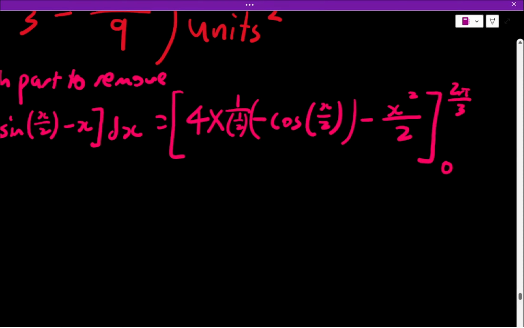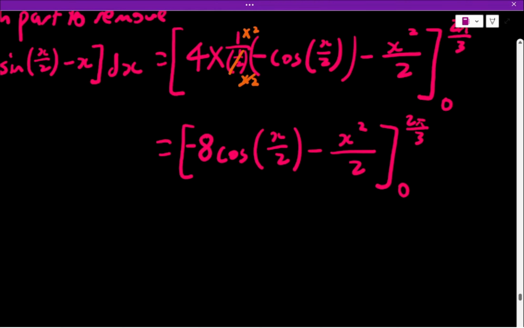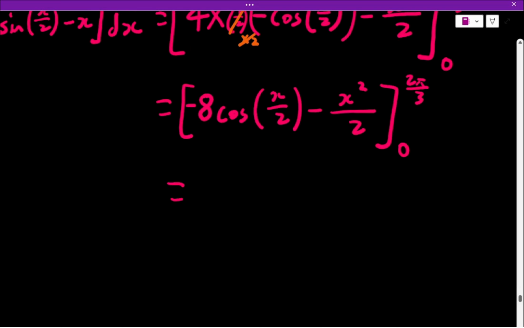Let's do some simplification. Okay, this is a really weird looking thing, so let's work on that first. What we can do is multiply the numerator and denominator by 2. So half and 2 cancel out. So we just get 4 times 2, which is going to be 8. Don't forget the negative sign. I forgot that. Negative 8 cosine of x over 2 minus x squared over 2 from 0 to 2 pi over 3. Now we are going to have to find this value.